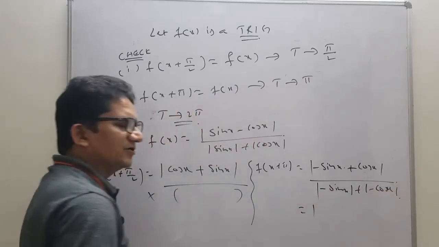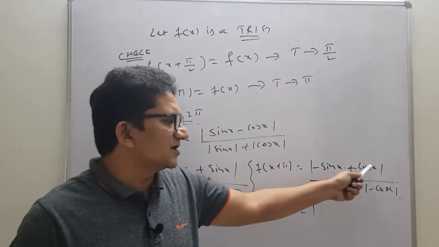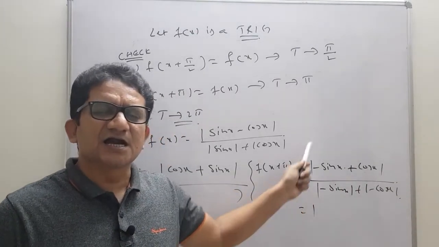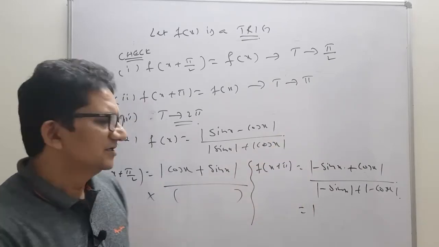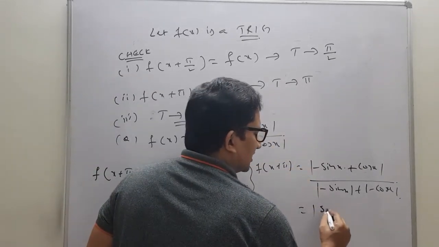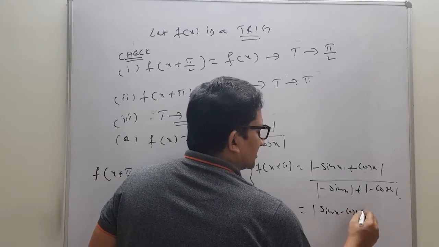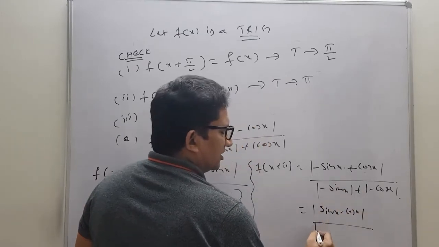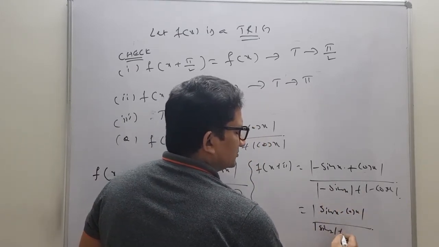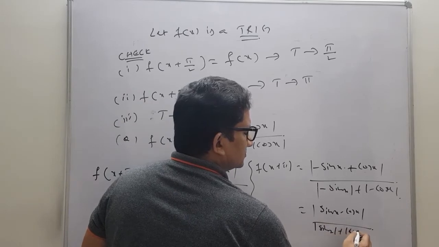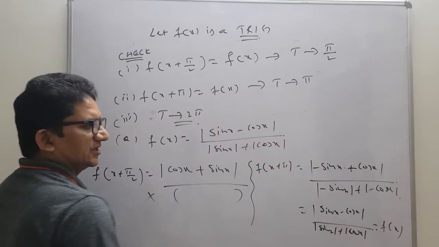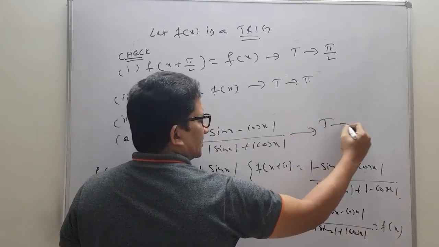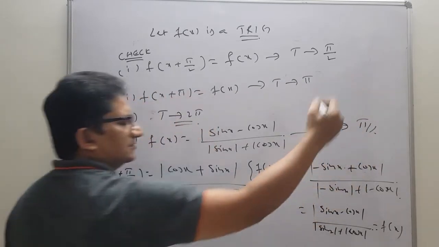And in the numerator, we are getting modulus of cos x minus sin x. Under the modulus, a minus b and b minus a give the same thing. So the numerator can be written as sin x minus cos x, divided by modulus, and negative will always be positive. That means we are getting f of x here.